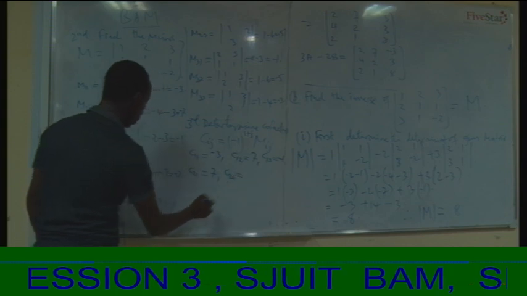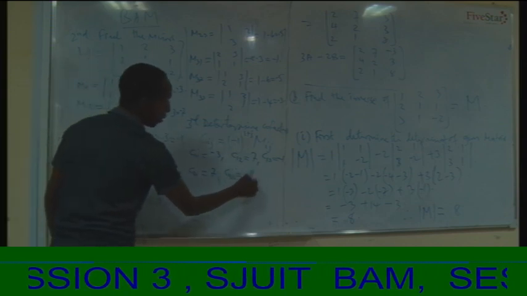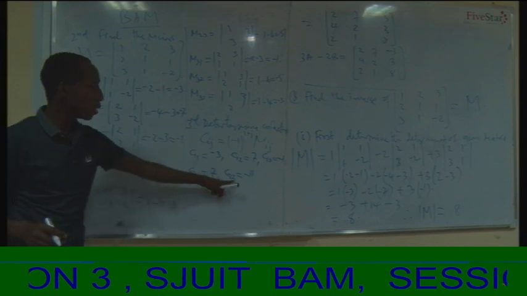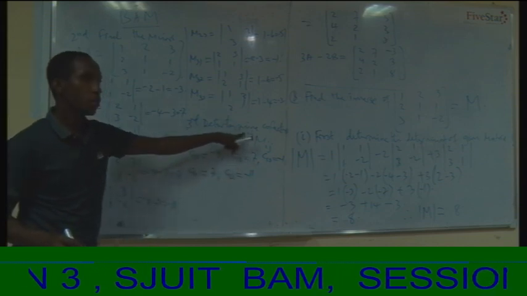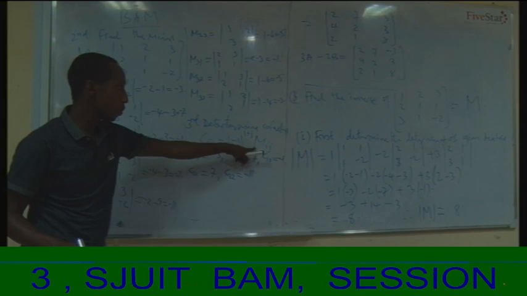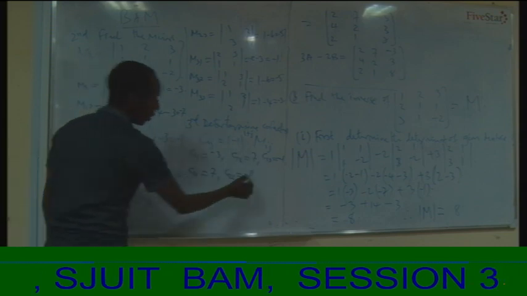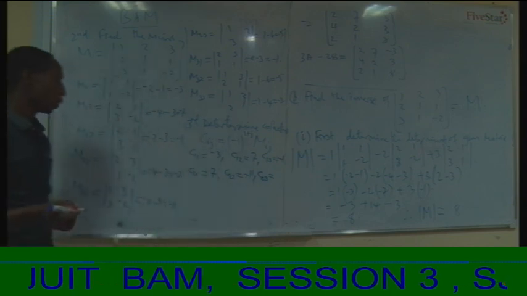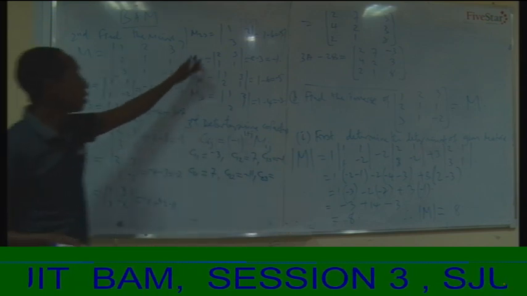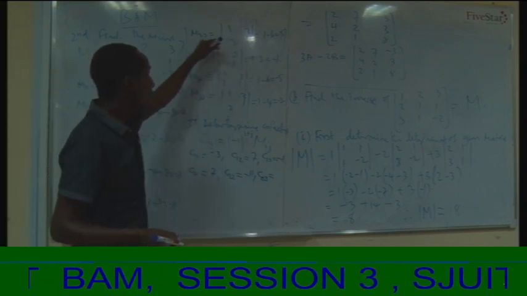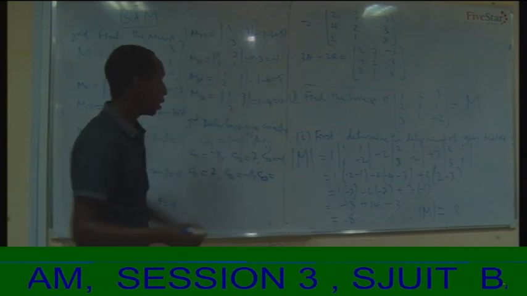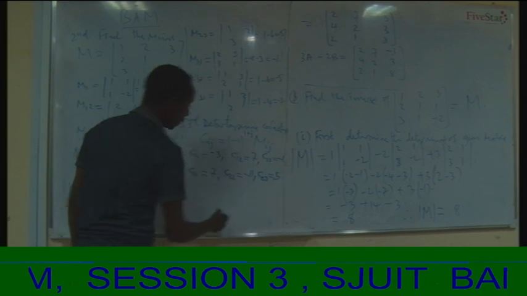C22 will be equal to the same sign, because if we take 2 plus 2 is 4, negative 1 exponent 4 is positive, positive 1 times M22 remains the same. And lastly C23, we get from this one, and 2 plus 3 is 5, 5 is odd, we get negative here, negative times negative is positive, so we get 5.